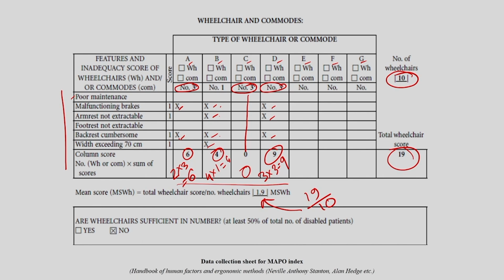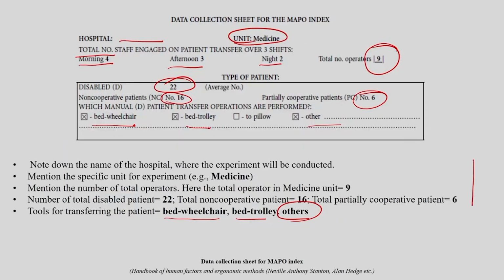Now here the question is, are wheelchairs sufficient in number or not? Now we need to remember the definition of sufficiency. If you have 10 patients and you have 50% of that, like 5 wheelchairs, then it is sufficient. If it is less than that, it is not sufficient. So 50% availability of wheelchair. So what was our total number of patients?